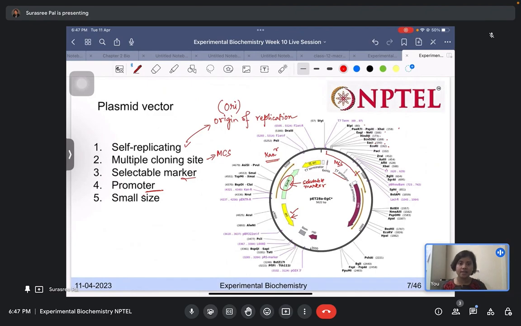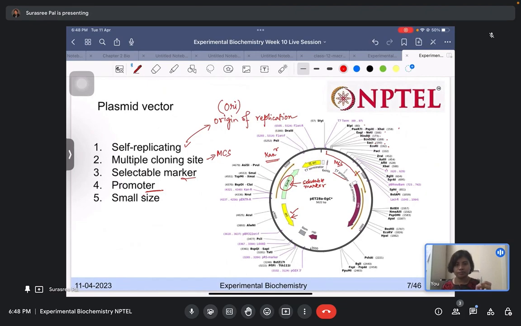Plasmid DNA is much smaller in size, so it is easy to handle. It is easy to manipulate, isolate, and perform restriction digestion and so on. So that is why plasmid DNA is preferred as a vector.